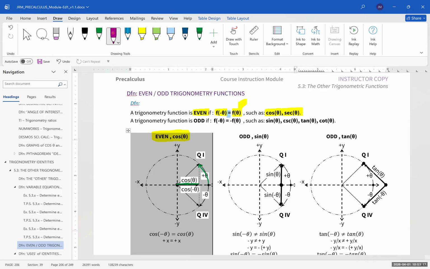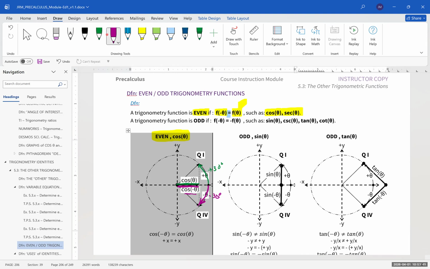All right, now let's look at the negative angle. So if we have a negative angle, maybe this one was positive 30 degrees, this one would be negative 30 degrees. What's the cosine of this negative angle? The cosine of this negative angle is this x value right here.